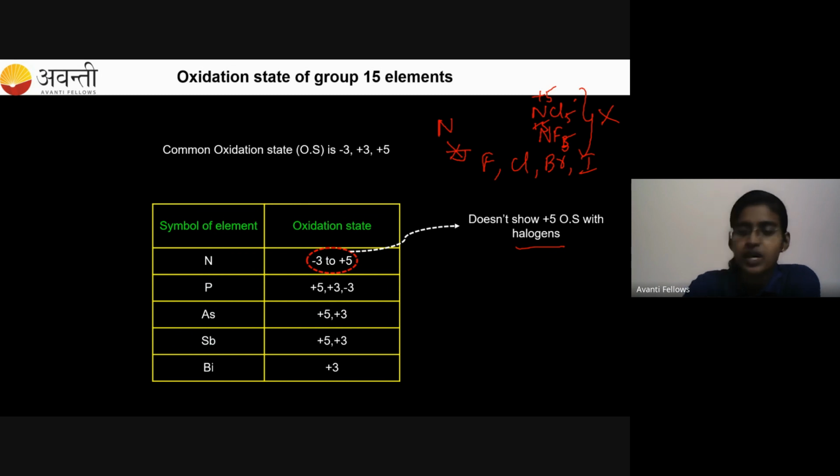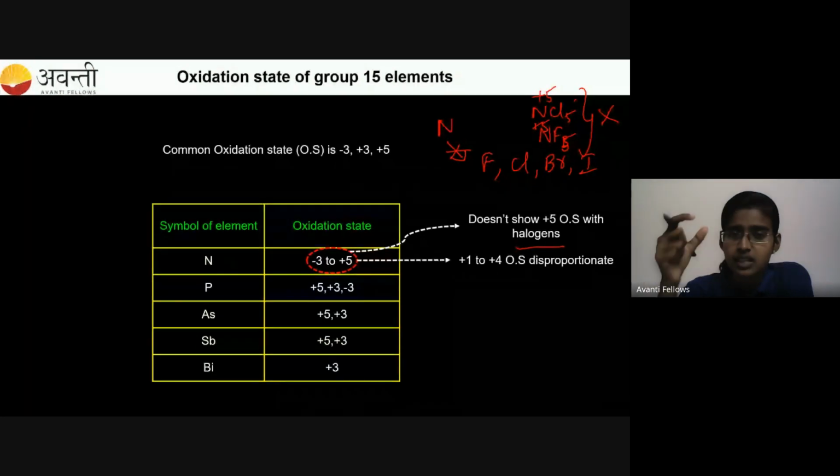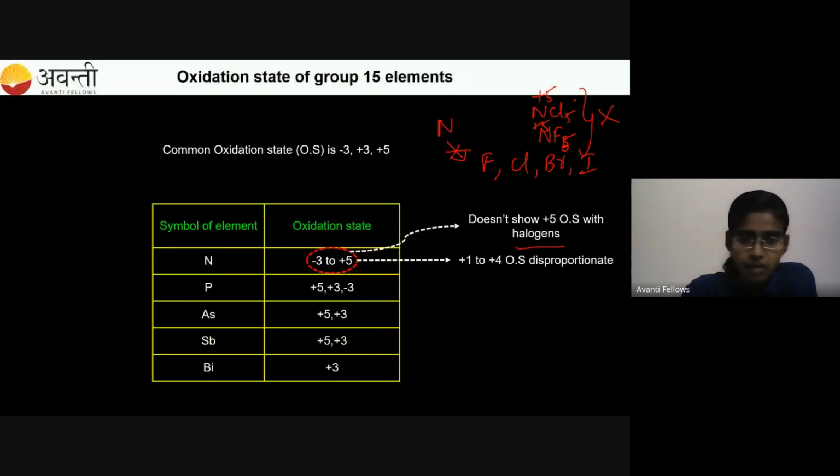Okay. And compounds containing +1 to +4 oxidation states undergo disproportionation reactions. What is disproportionation? In the reactant side, an element exists in one oxidation state, but in the product side, the same element will be oxidized in one of the products, and the same element will be reduced in the other product.